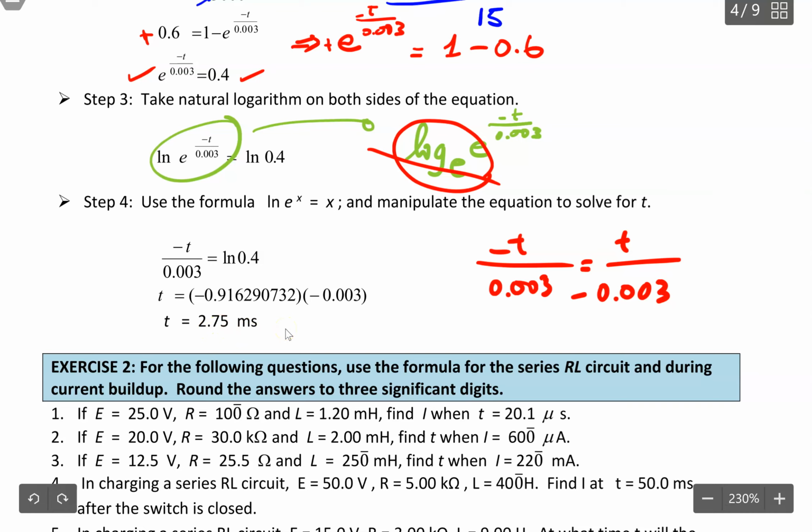So if you keep your calculator in engineering notation, you should end up with the number in engineering notation as well, which is milliseconds in this case. Don't forget this is real time.